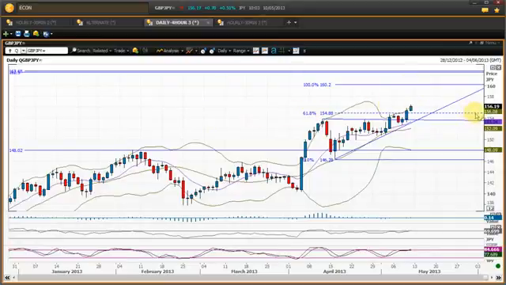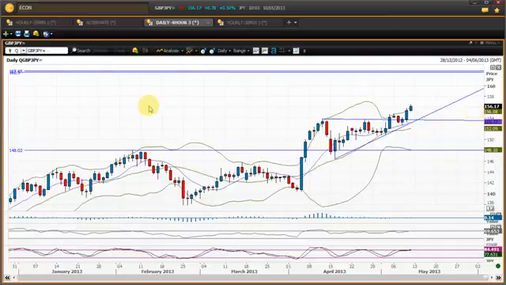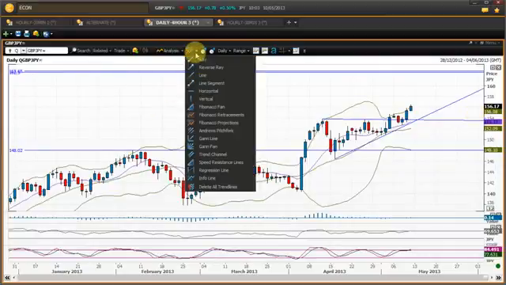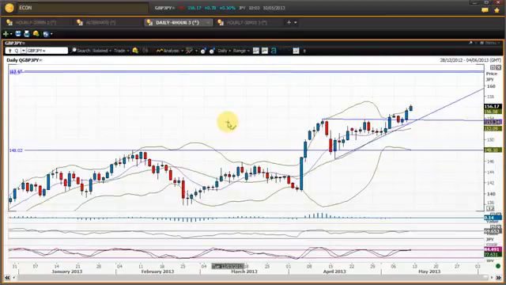Now if I delete that for you, let's do it again, but let's take a look at the triangle. If you look at this high here of 148 the figure, which we subsequently retraced all the way back down to 138 the figure, you track across and you see that the close and the open of this candle, the body, was exactly the same level.